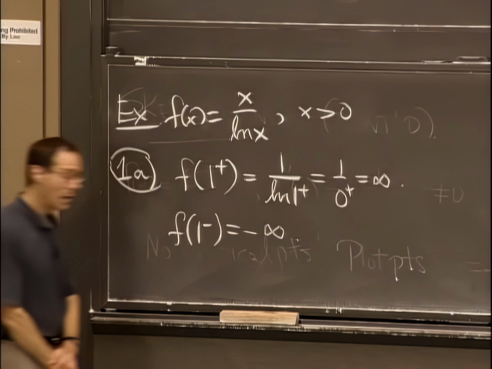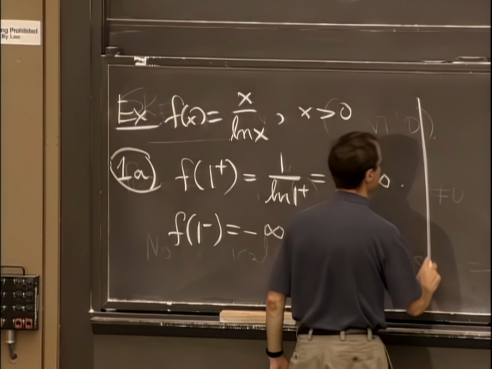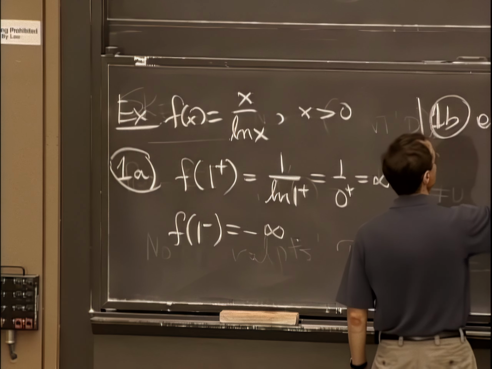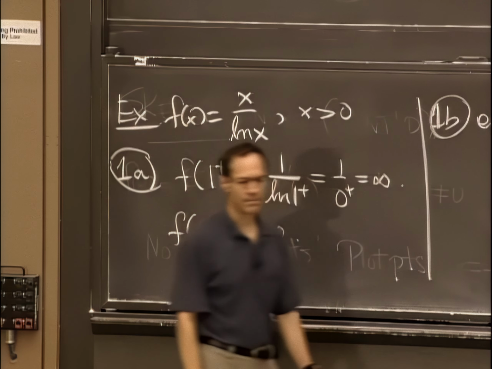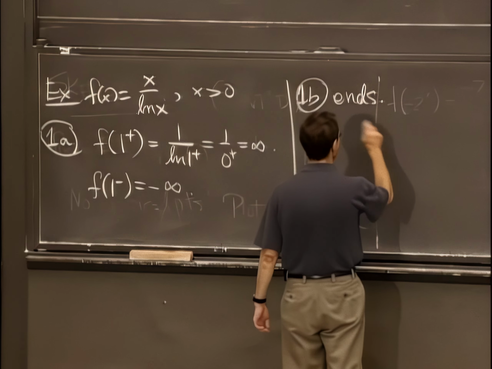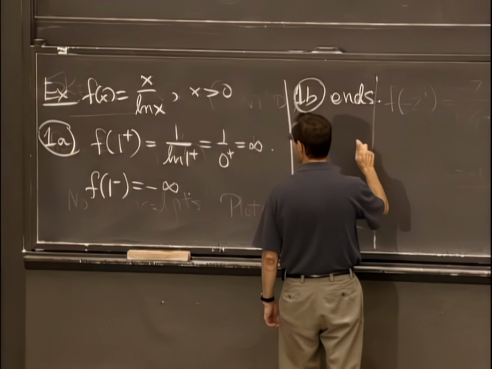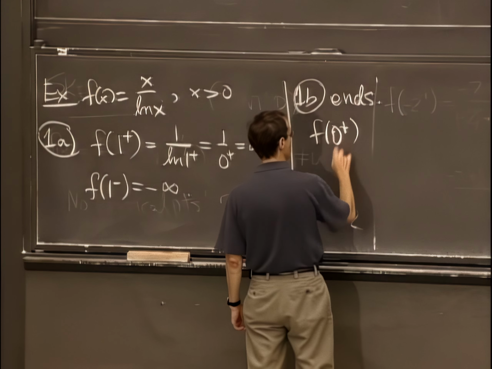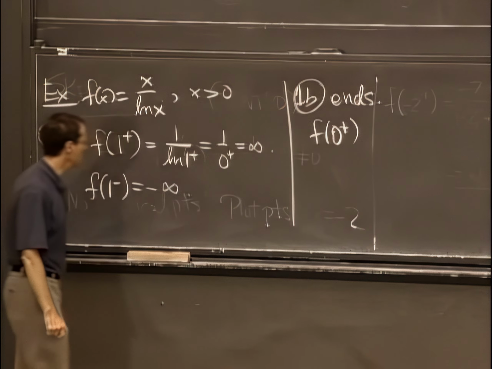All right? Now, the next thing I want to do is the ends. So I called these the ends. And there are 2 of them. One of them is f of 0 from the right, f of 0 plus.